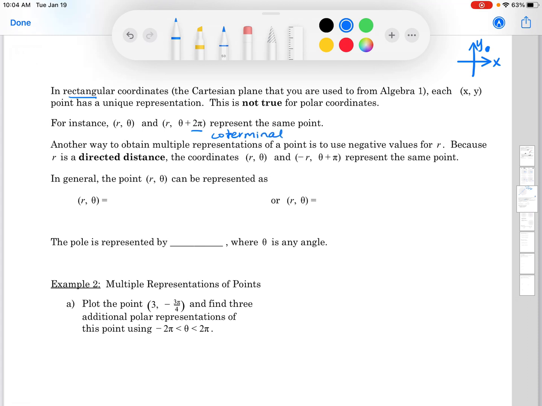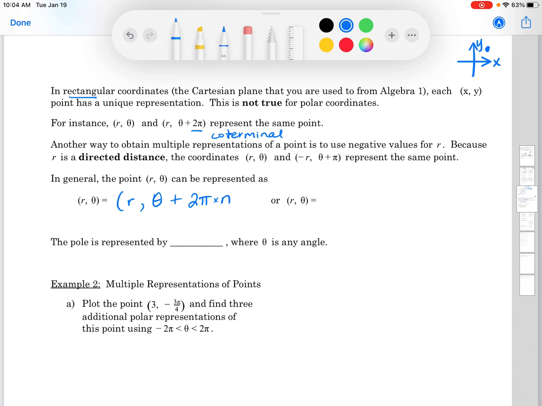r comma theta and r comma theta plus 2 pi, getting a coterminal angle, is just one of the ways we can represent the same point. But another way would be to use negative r and then to change what your angle is. So we can do r comma theta plus however many circles we want, so 2 pi times n.